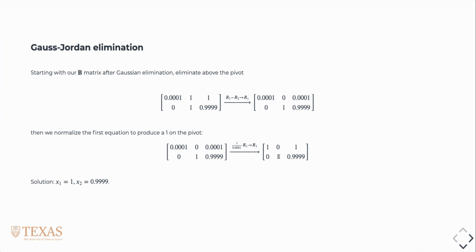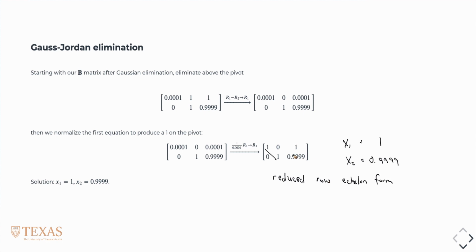In that case, we can just read off the solution. Remember, if we write this back in the system of equations, this is just going to be x2 equals 0.9999 and x1 equals 1. So we can simply read off the equations. Whenever you have an augmented matrix in this form, where you have only 1s on the diagonal and all entries below and above the diagonal are zeros, this is called reduced row echelon form.